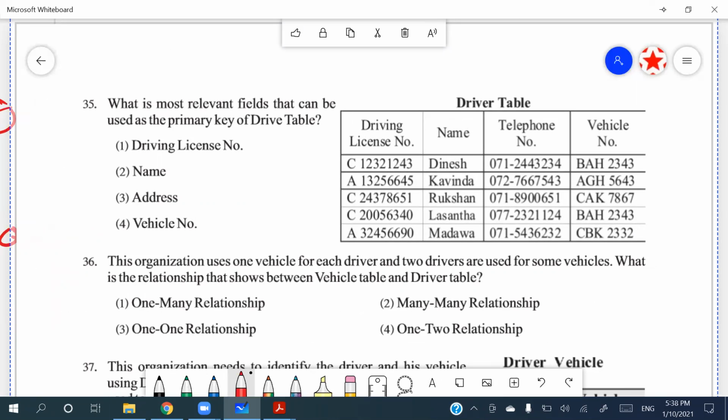Address, we can't see the address. Telephone number is not repeating as well. Vehicle number is repeating, BAH2343, but it is highly unlikely to have something like that. It doesn't matter.